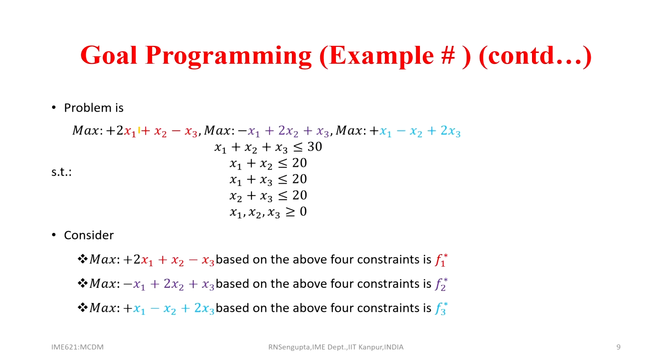So, maximization of the first function, which I mark as f1, maximization of the second function, which I mark as f2, and maximization of the third function, which I mark as f3.